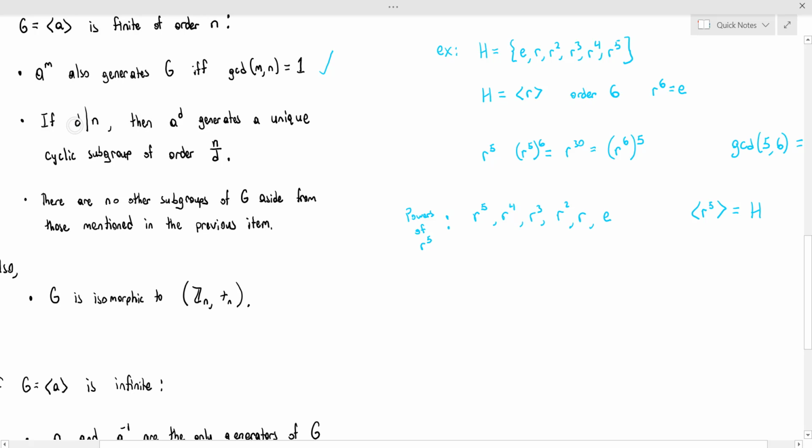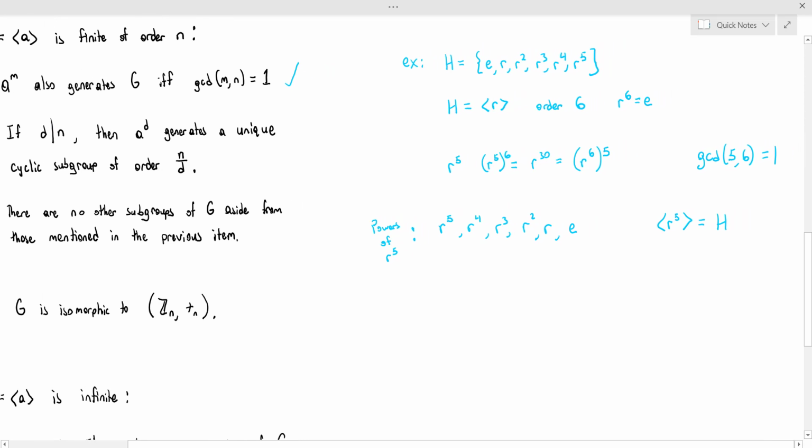So if D is a divisor of n, and n in this example is 6, so 2 happens to be a divisor of 6. Let's consider r squared. What are all of the powers of r squared?